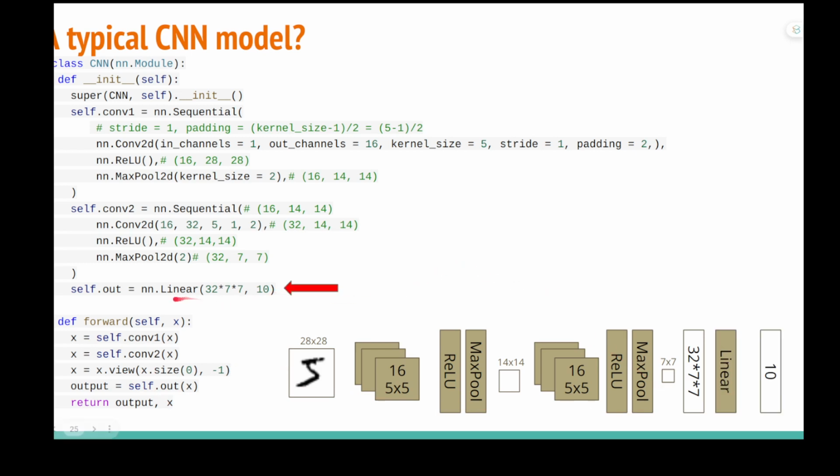So finally, we're using the linear layer to convert the 32 by 7 by 7 elements into 10 outputs, which is the prediction, the probability of the 10 classes, 0 to 9.